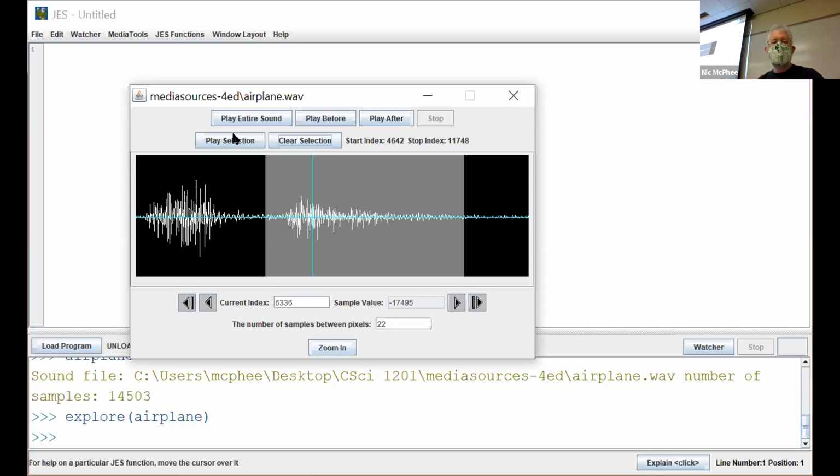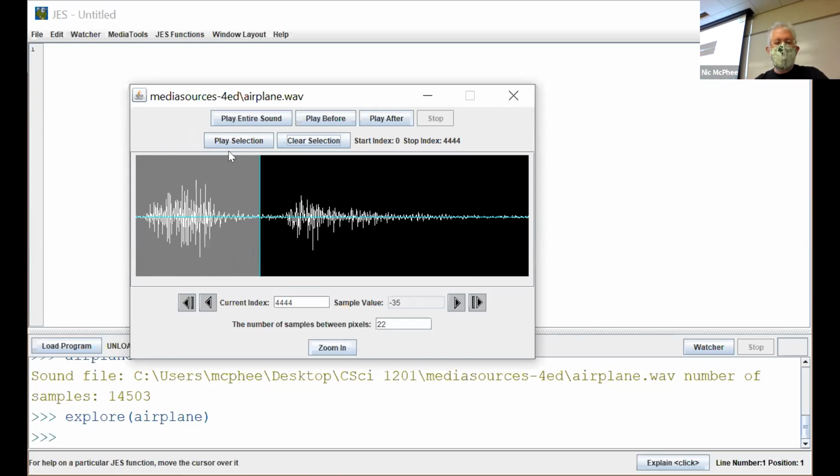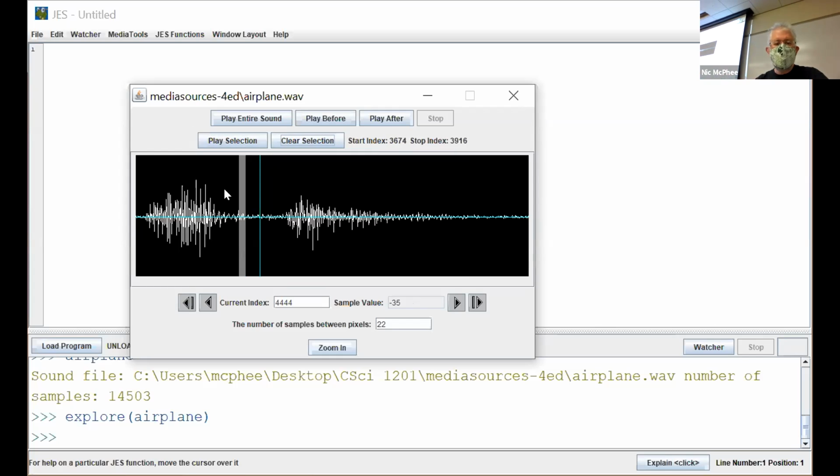So if we wanted Mark Guzdial saying plane, but not airplane, we actually have that here. We could extract this section of this sound, and create a new sound that's just him saying plane. And in the same way, we can go the other way and get him saying air. Oops, I got a little bit of the P.